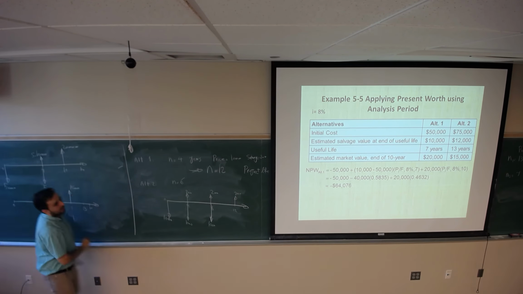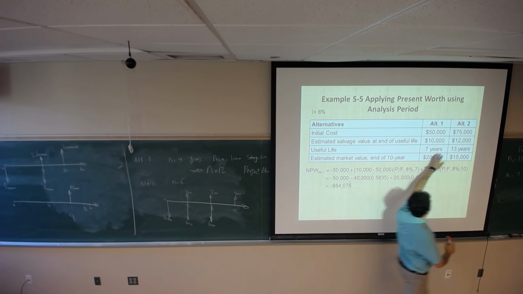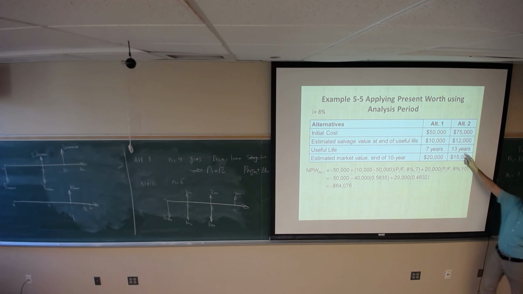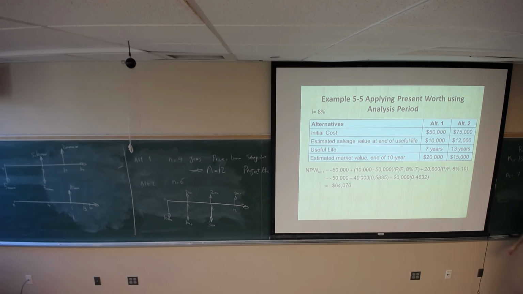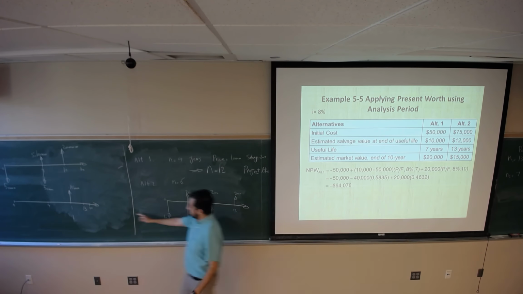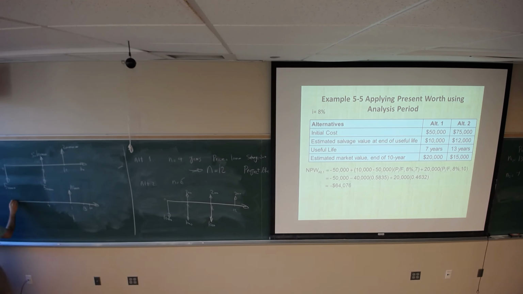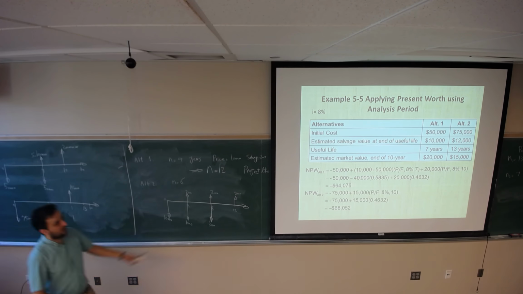We know that the salvage value is 12,000, but we don't need that information because it's applicable at year 13, which is after the project life. So for this one also, it's easy to find the net present value: negative 75,000 plus 15,000, which can be transferred to the present.